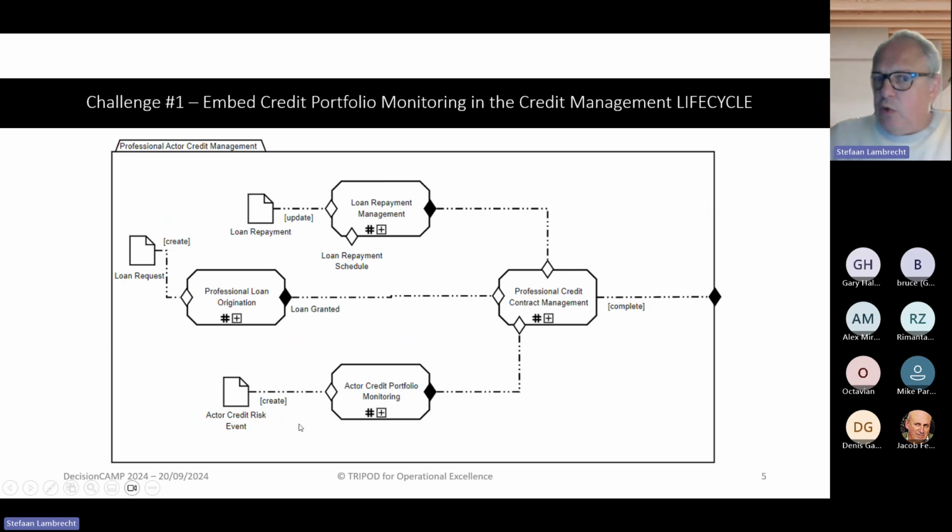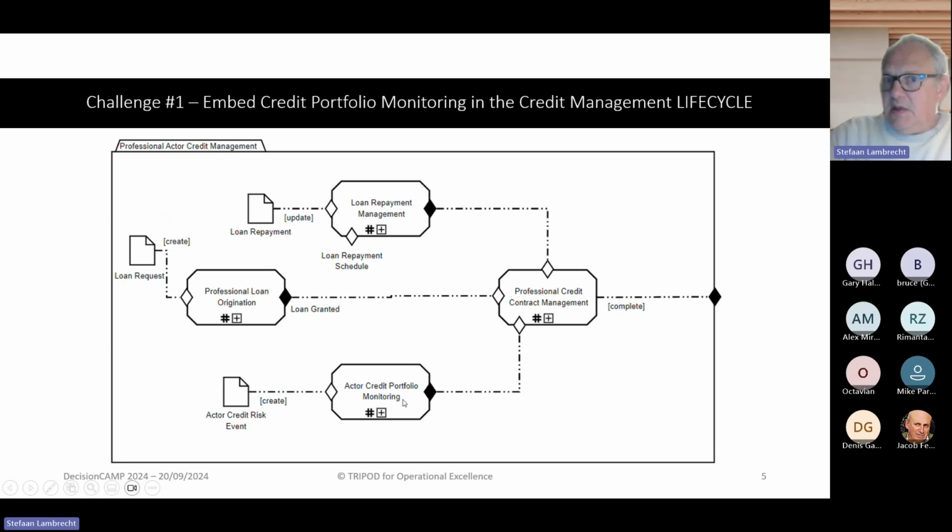What needs to be closely monitored is whenever there is some event happening which can potentially increase the credit risk of the customer, it needs to be picked up by the portfolio monitoring domain and acted upon accordingly.